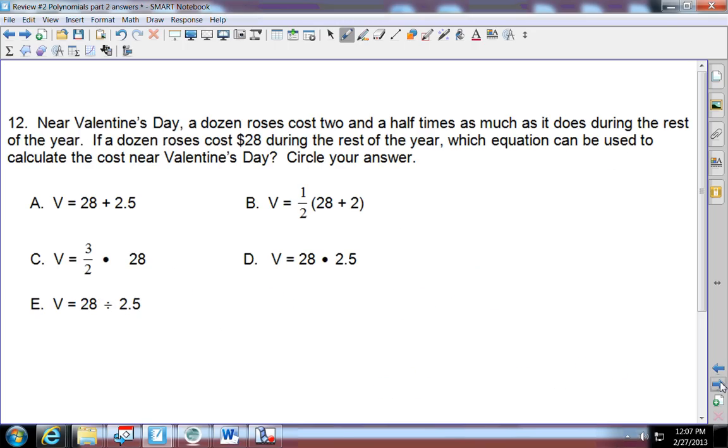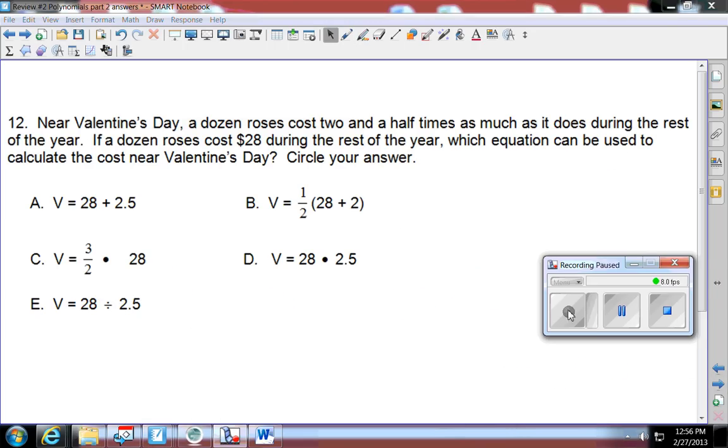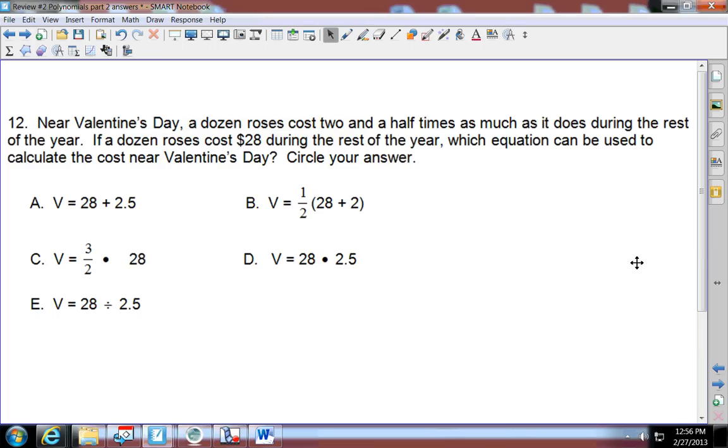Number 12. All right, looking at number 12. It says, near Valentine's Day, a dozen roses cost 2.5 times as much as it does during the rest of the year. If a dozen roses cost $28 during the rest of the year, which equation can be used to calculate the cost near Valentine's Day?